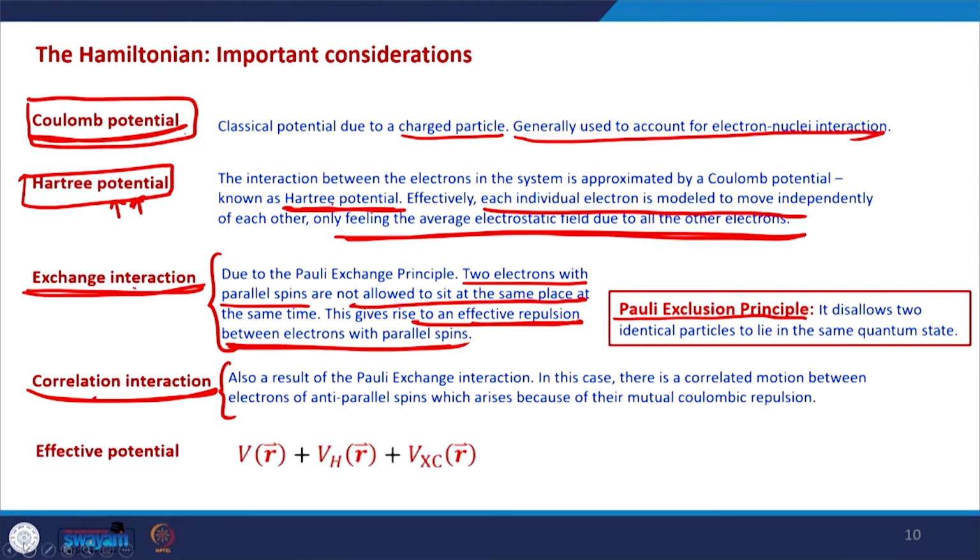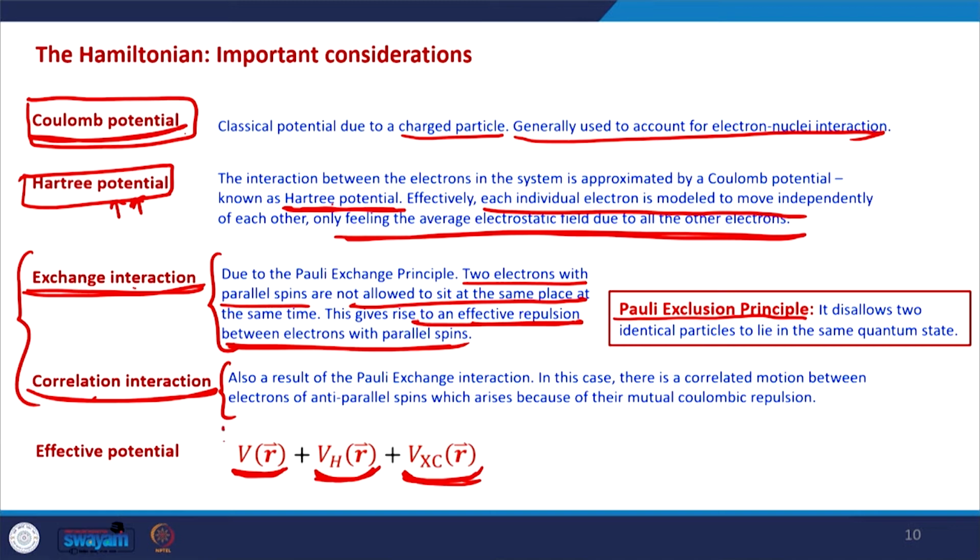So finally, the effective potential in a multi-electron system can be written as a sum of the electron-nuclear interaction, the Hartree potential, and the exchange correlation term. X means exchange, C means correlation, so it accounts for both exchange and correlation.